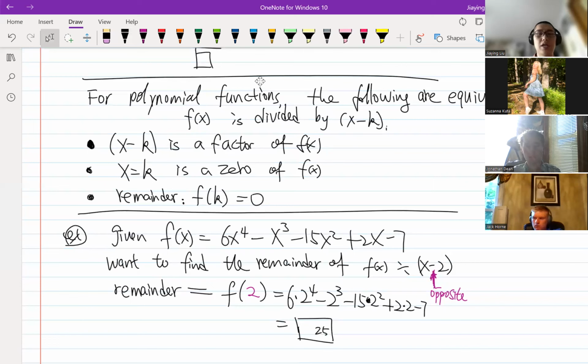so I already talked about the 3 statements that are equivalent for polynomial functions. There's actually a name for this. This is called the Factor Theorem.